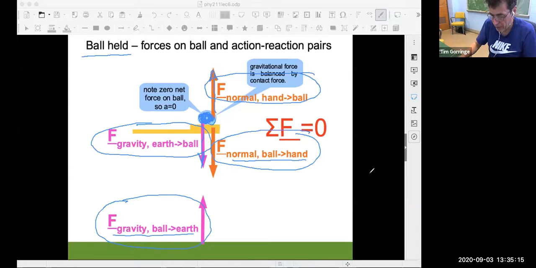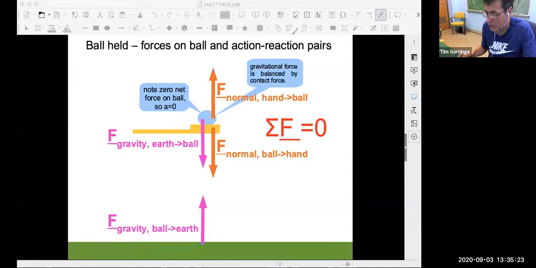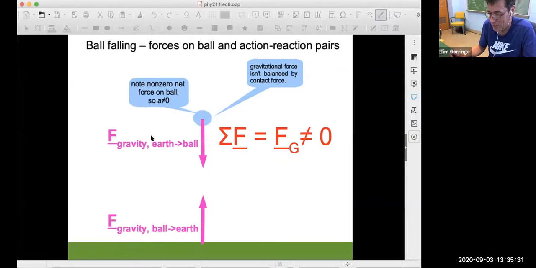So that's the situation with the ball in your hand. Now let's drop the ball. I often drop the ball. If I can get to the slide in which I drop the ball. Okay, ball falling. So now the ball has left the hand and it's just falling towards the ground.